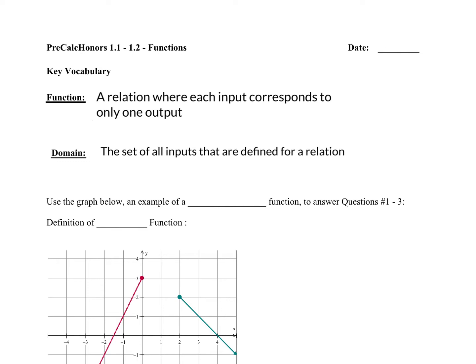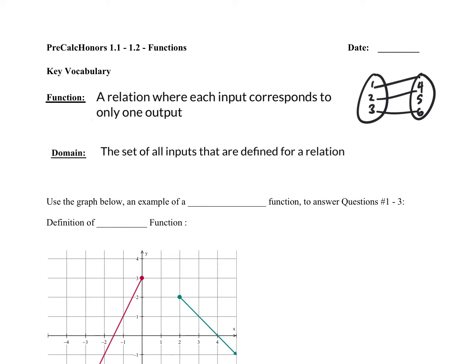A function is something you've certainly heard about before. Maybe way back when we talked about mapping diagrams, where each input would go to an output, and you would say, yes, this is a function because certain lines follow certain rules.